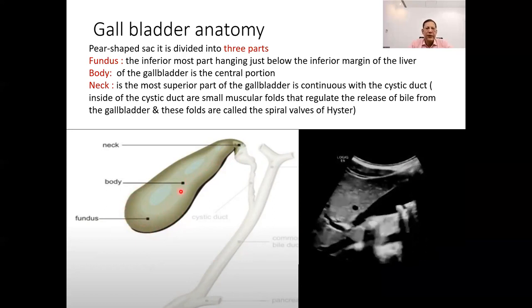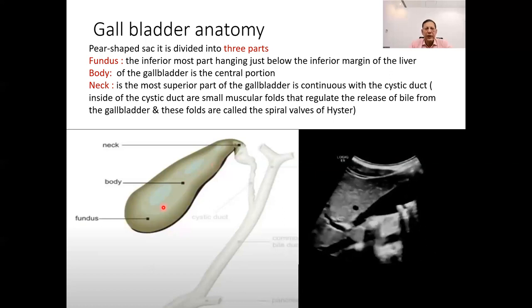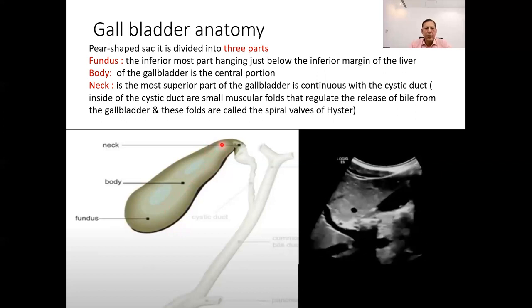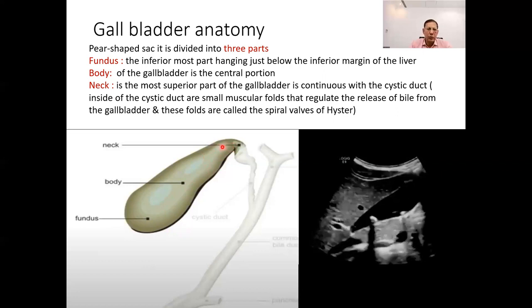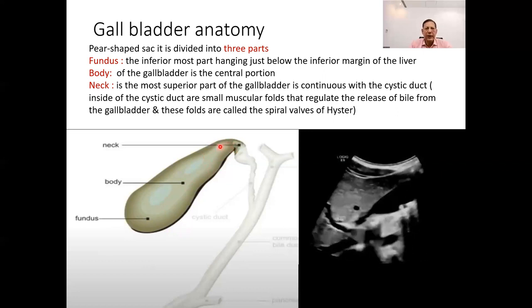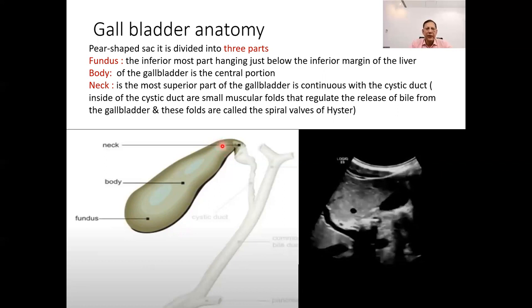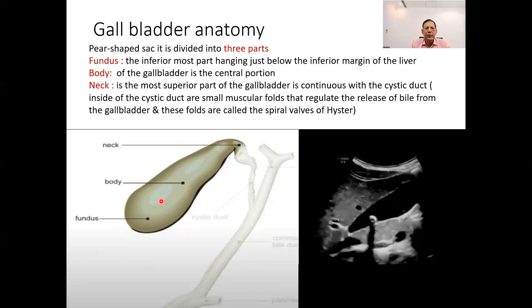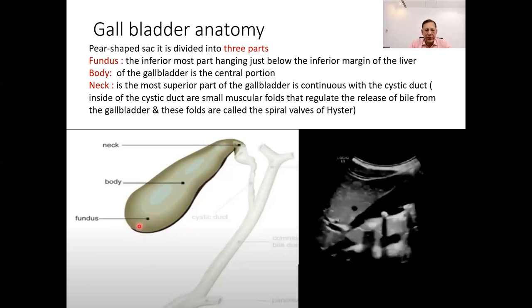Remember, the most common pathology of the gallbladder is the formation of stone or stones, and when they are seen near the neck region, we should exclude whether these stones are impacted in the neck or not. For this purpose, we ask the patient to walk around and so on.